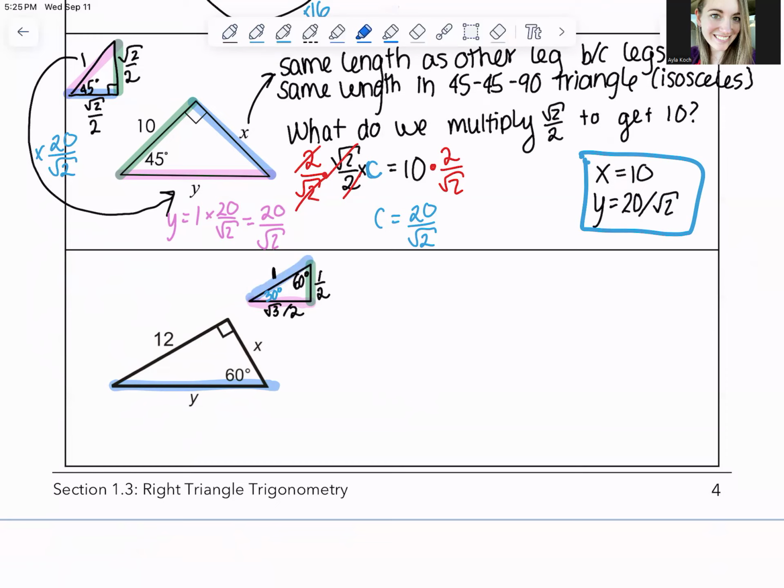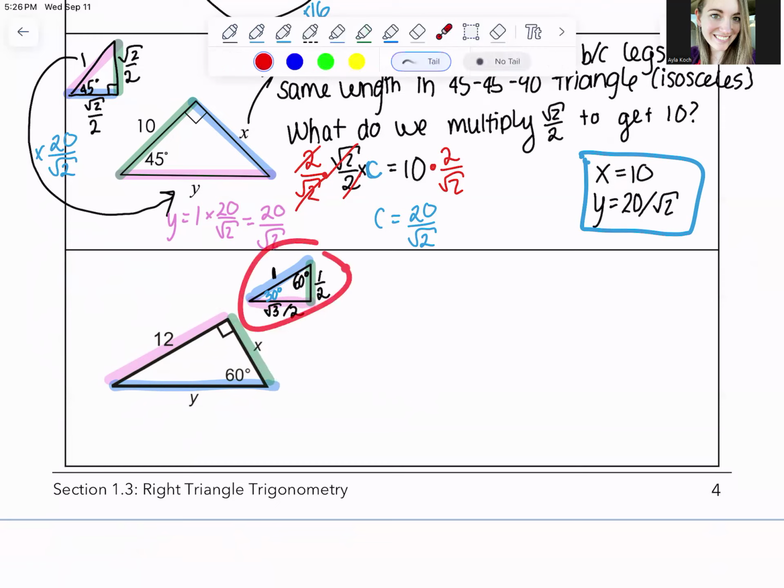The side opposite the 60-degree angle is going to be this pink one over here. So we'll highlight that one in pink. It helps to just match them up first. And the remaining one, of course, is then green, the side opposite the 30-degree angle. It helps because look at the orientation of these. It would be really easy to get these mistaken for which sides correspond to one another, just because they're flipped funny here.